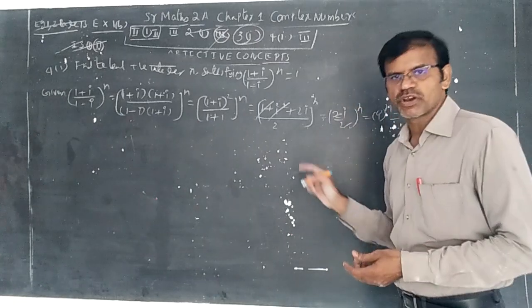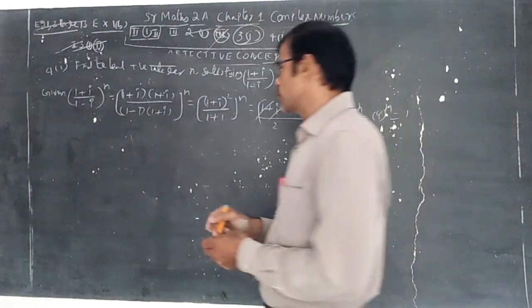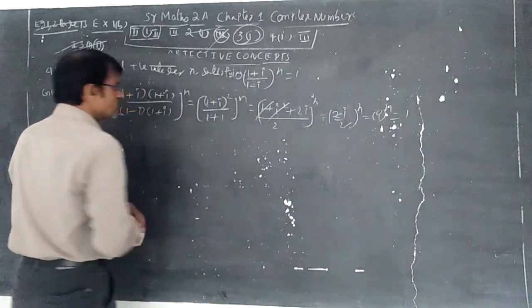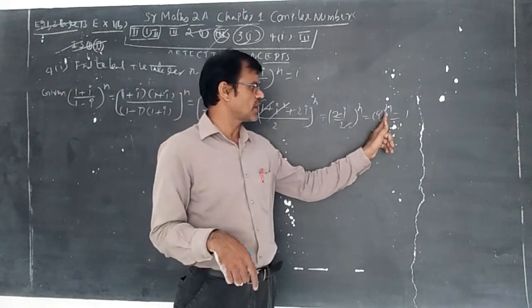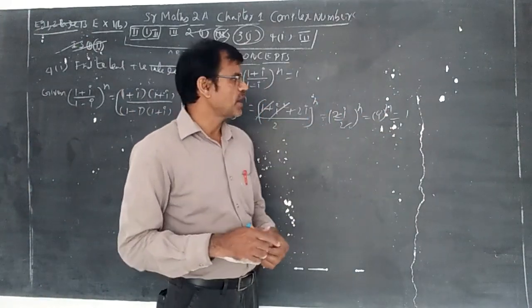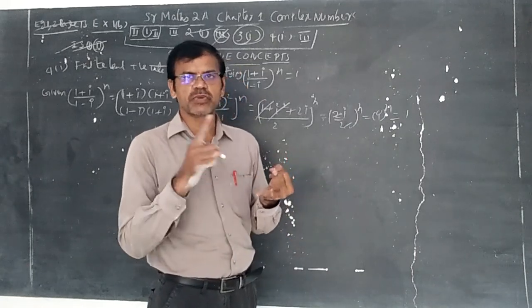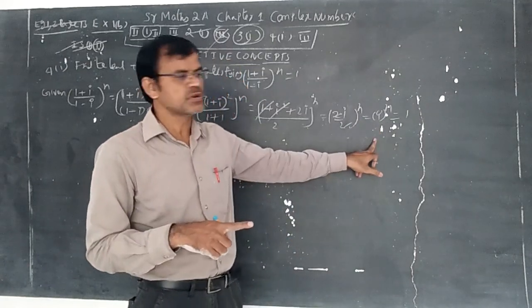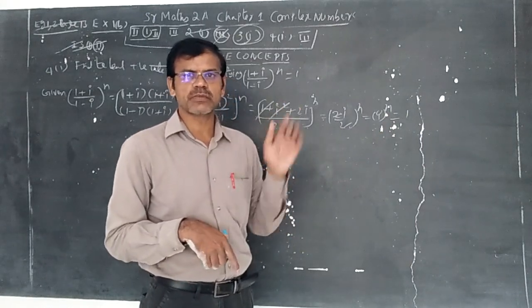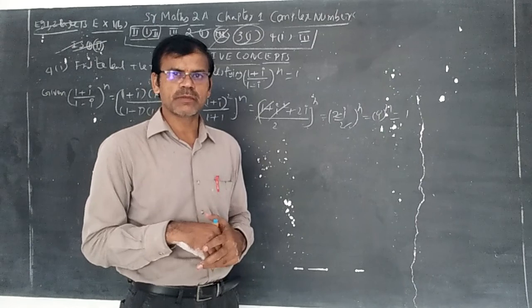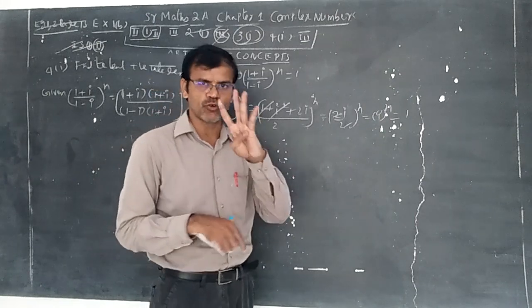2 gets cancelled. I power n is equal to 1. In level 1 homework, this question is there. So i power n is equal to 1. What is the least positive integer to substitute for n? I square is minus 1, i cube is minus i, i power 4 you put: i square whole square becomes minus 1 whole square becomes 1. So the least positive integer to satisfy i power n is equal to 1 is 4.